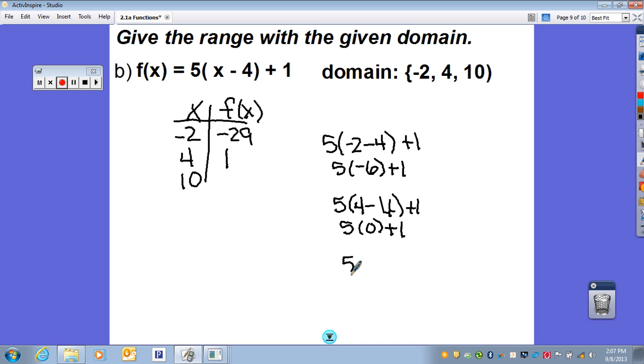In my last example, I'm going to substitute 10 for my x value, and I'm going to subtract 4 and then add 1. In parentheses, 10 minus 4 would be 6. 5 times 6 is 30, plus 1 would be 31.